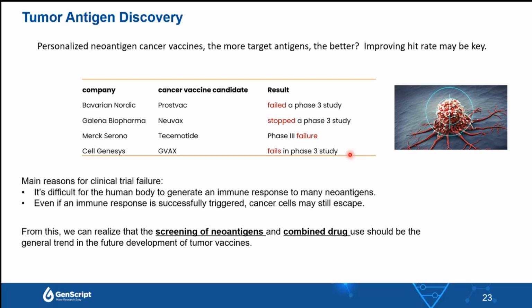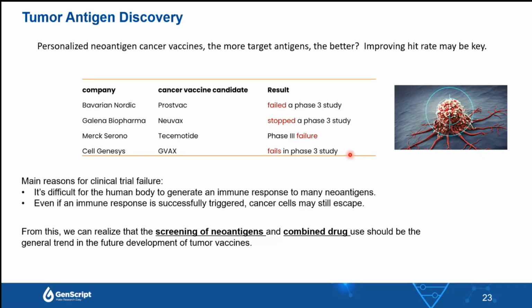For now, there's still no successful case launched. And the main reasons for clinical trial failure, we think one of the reasons is that it's difficult for the human body to generate an immune response to many neoantigens.